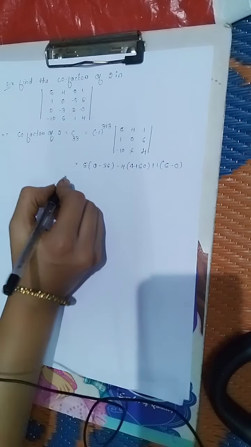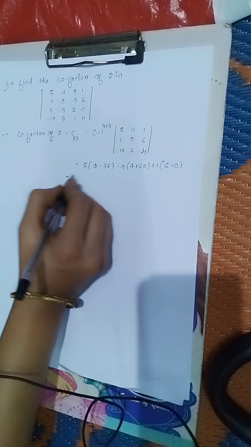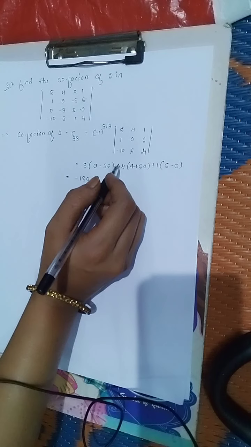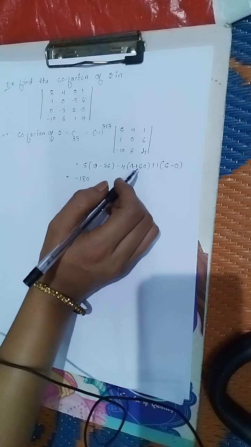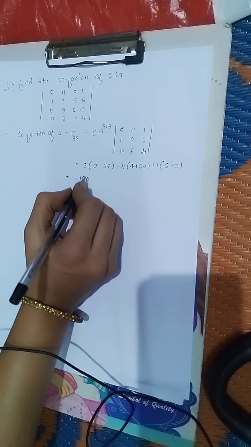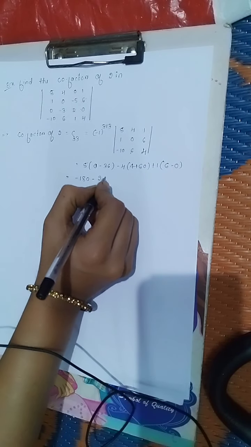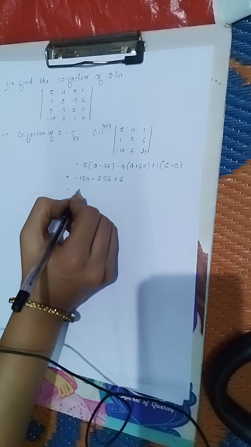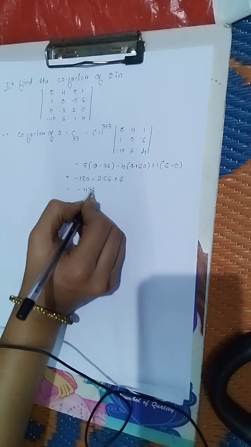Then it is minus 36 into 5, that is minus 180, minus 4 into 64, that is minus 256, plus 6. This will be minus 430.